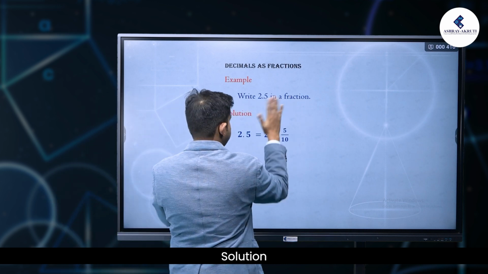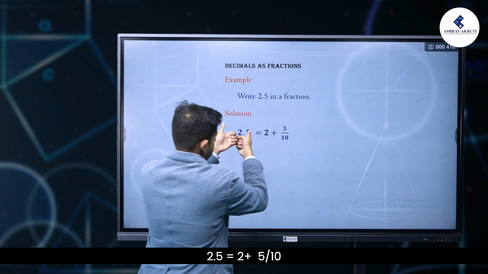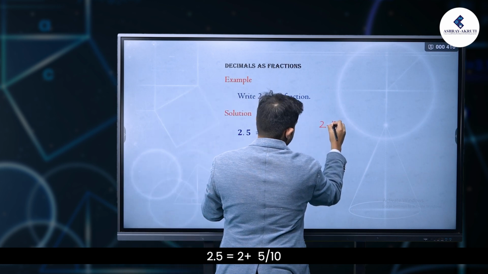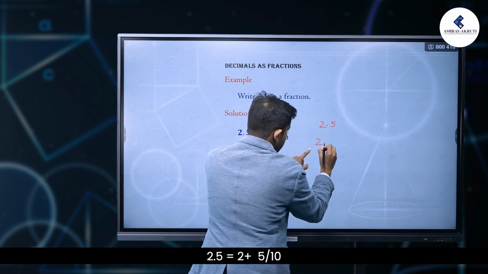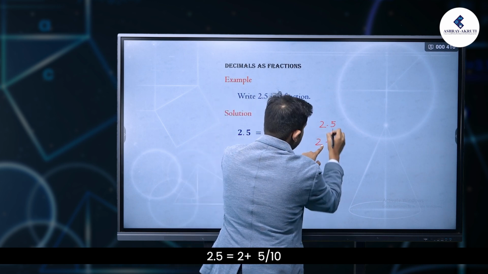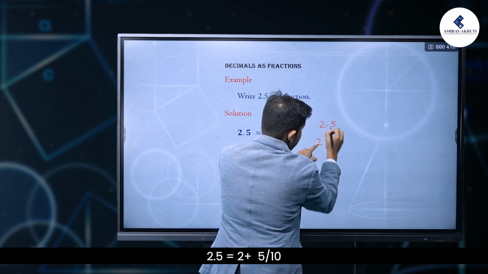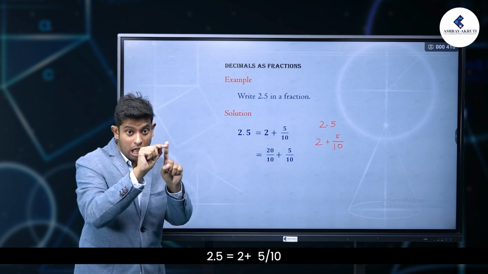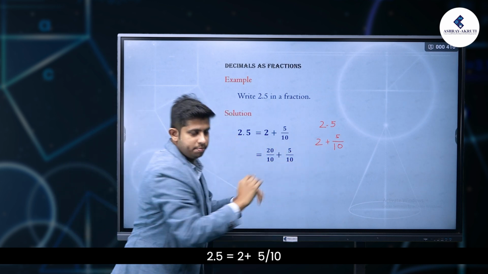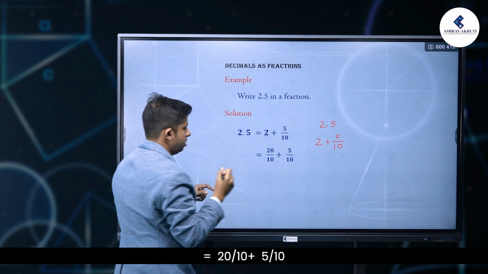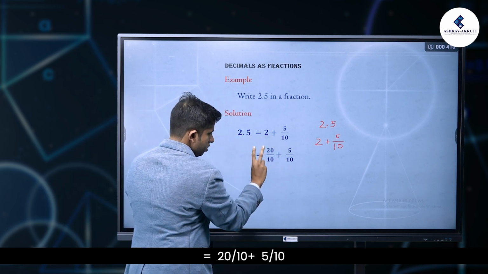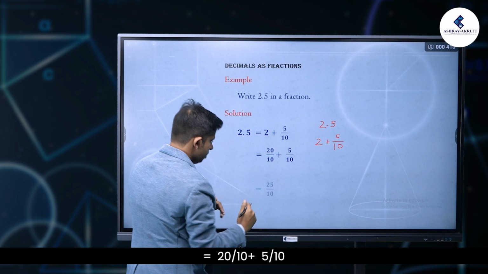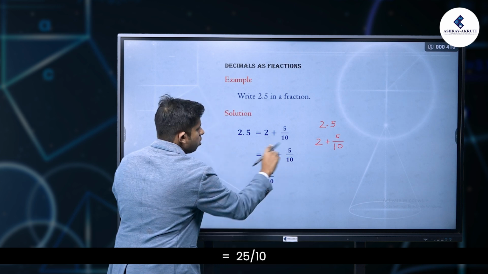Solution: 2.5 is equal to 2 plus 5 by 10, equals 20 by 10 plus 5 by 10, equals 25 by 10.